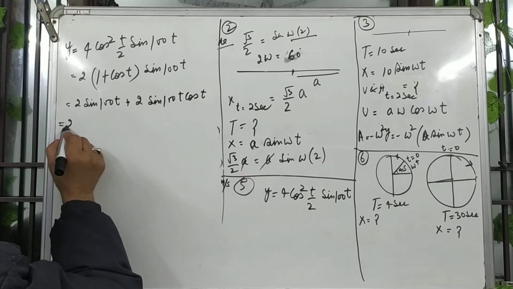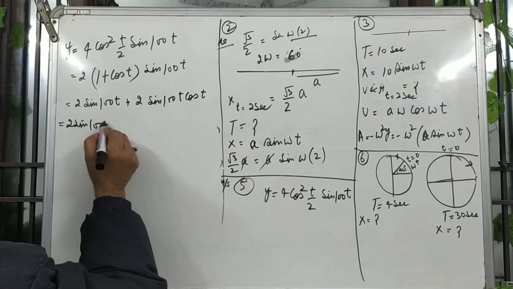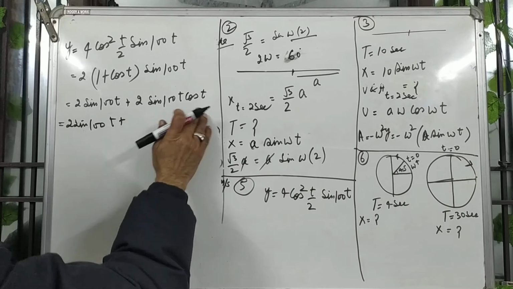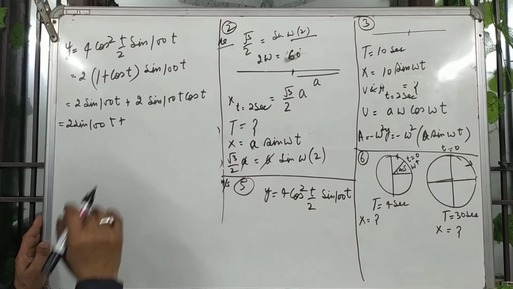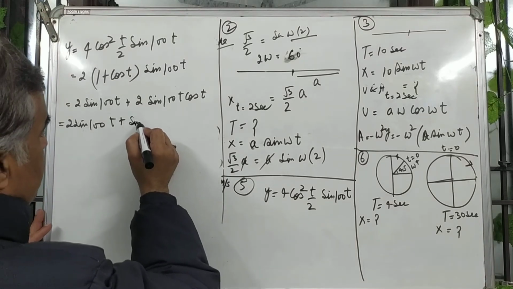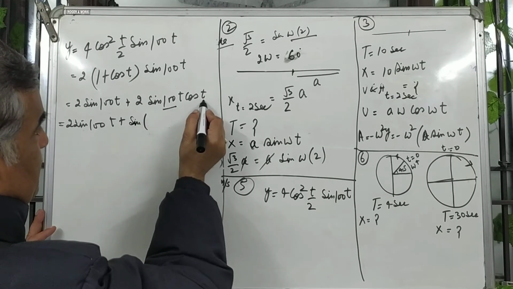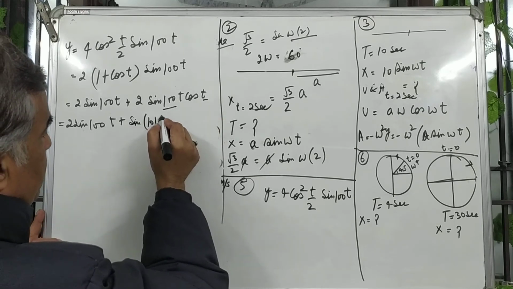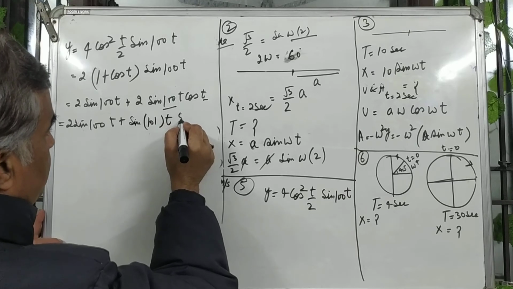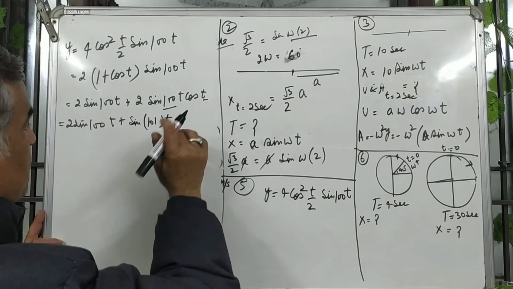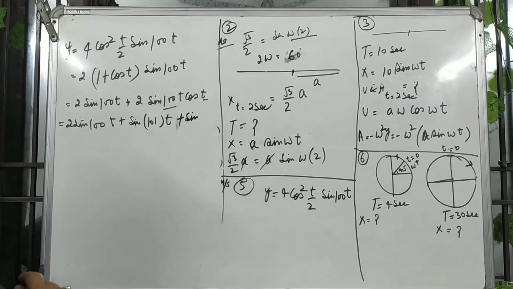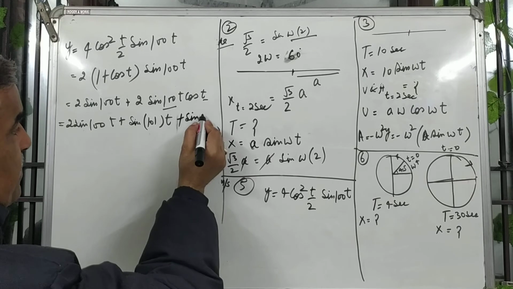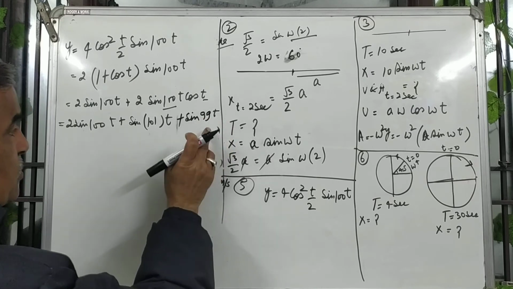So this is twice of sin 100t plus, using 2 sin a cos b equals sin a plus b plus sin a minus b. This is a and this is b. So sin a plus b is sin 101t, and plus sin a minus b, that is sin 99t.